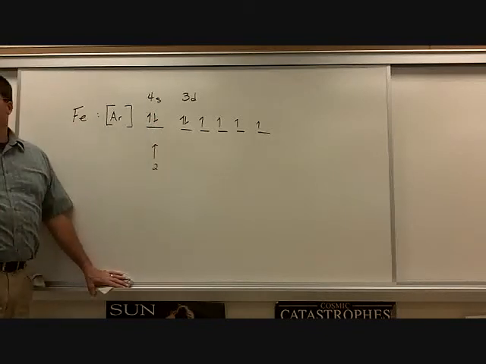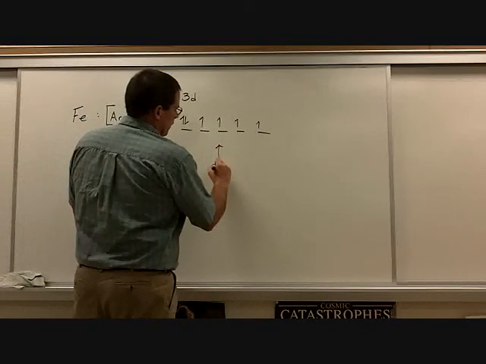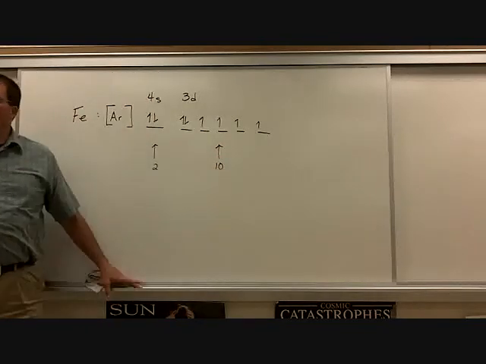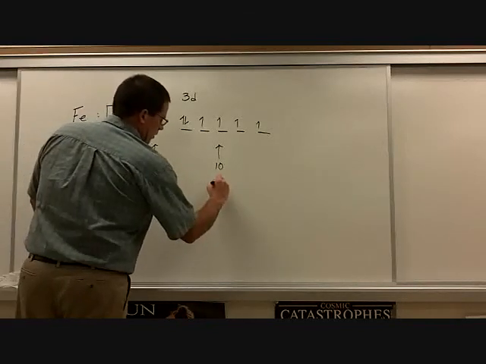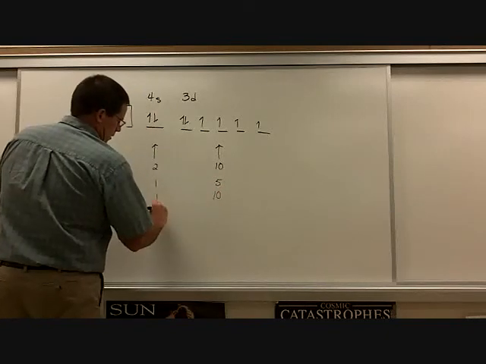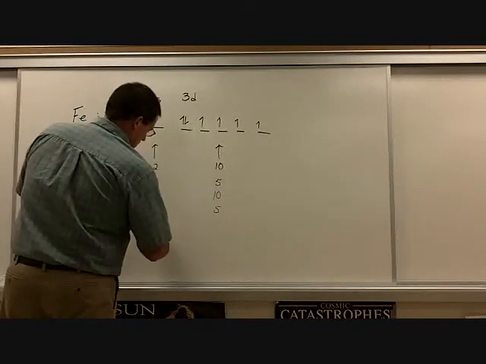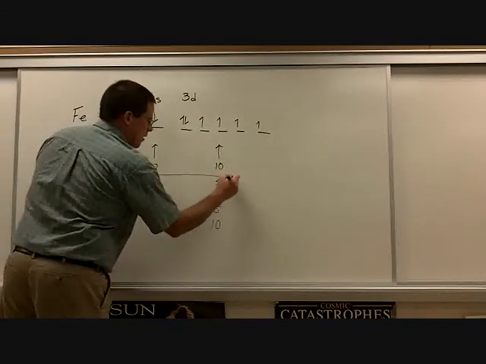So half would be half of that, which is 1. And then the D's can have a total of how many? 10. So it'd be 5 or 10. So that's what we're shooting for right there.